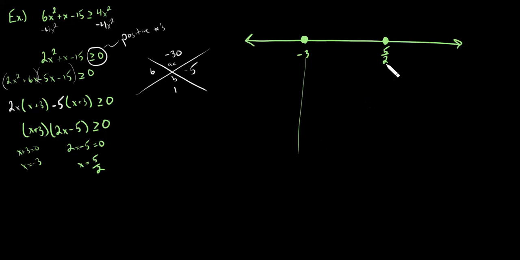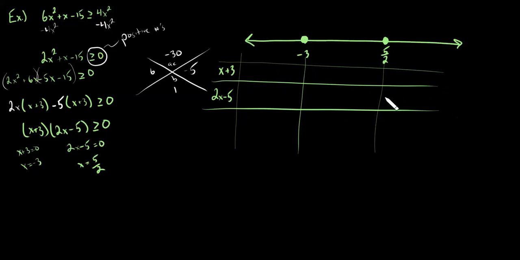Then we split this up. I have my factors over here of x plus 3 and 2x minus 5, and these are multiplying, so once again, they're getting us a product.